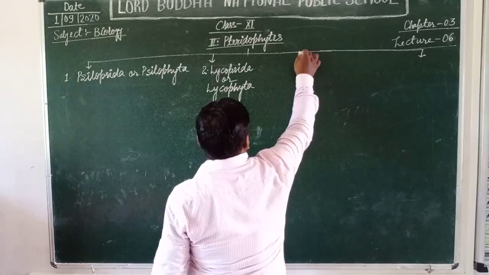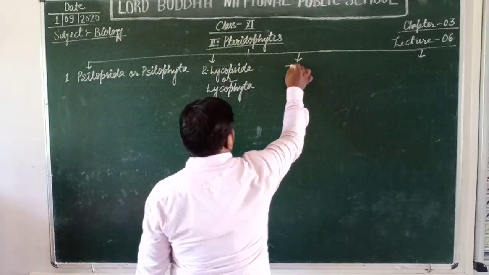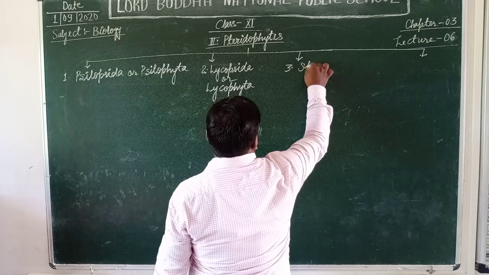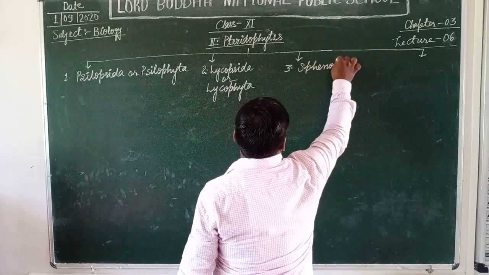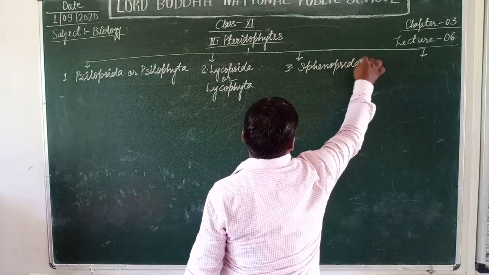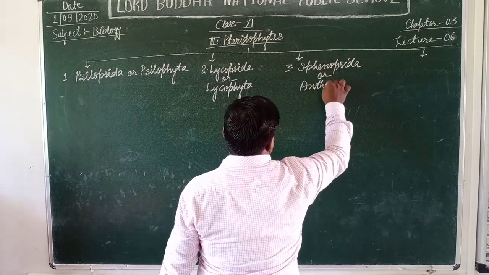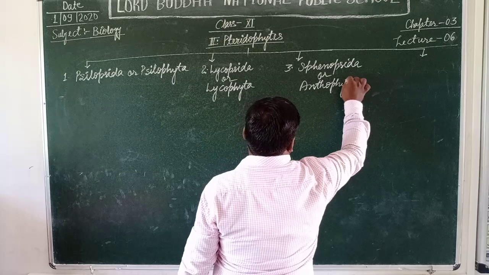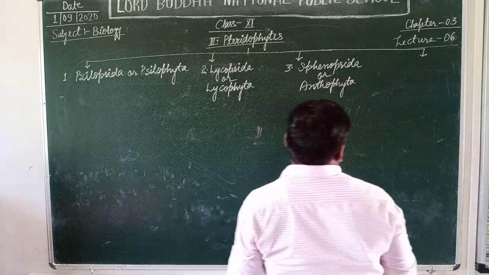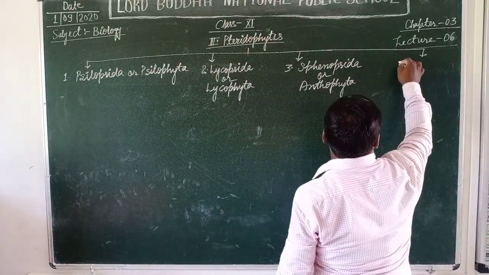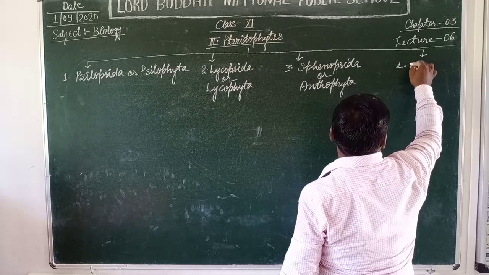The third one is Sphenopsida or Anthophyta. And the last one is Pteridopsida or Pterophyta.